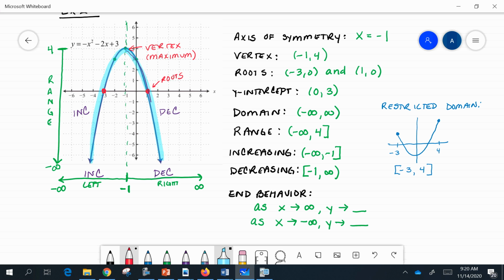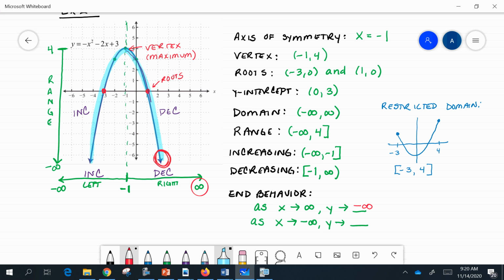All we're going to do is think about what the y's approach on the right and what the y's approach on the left. Once you memorize that format, we're really only filling in the blank for two parts. On the right side of the graph, as x approaches infinity, what are those y values doing? I can see that those y values are going down forever, so we're going to say they approach negative infinity.